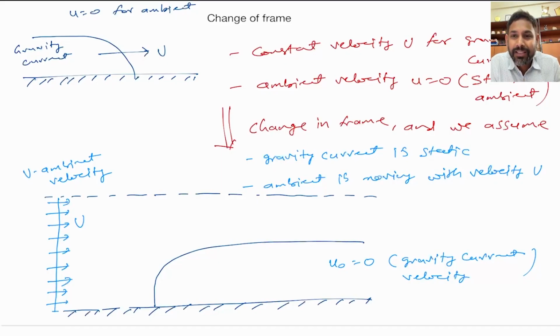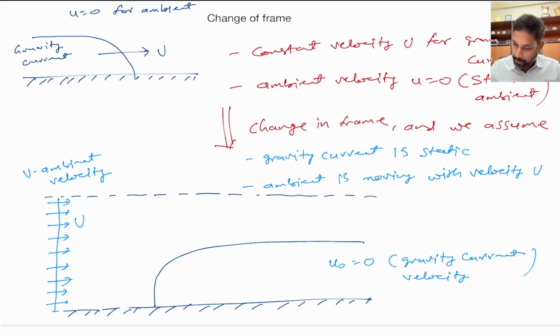Okay, so this is the change of frame where we assume the gravity current has become static and ambient is moving, and everything else will work exactly the same way because we are just applying a relative velocity, and with a relative velocity the system will still behave in the same way as it was behaving before.